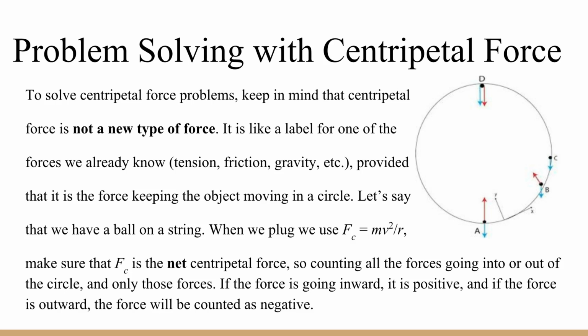So let's say you have a ball on a string, okay? You're rotating it around. When we plug in F_c equals m v squared over r, you have to make sure that F_c is the net centripetal force. I'll draw again. So this is your ball on a string, and it's rotating like this.